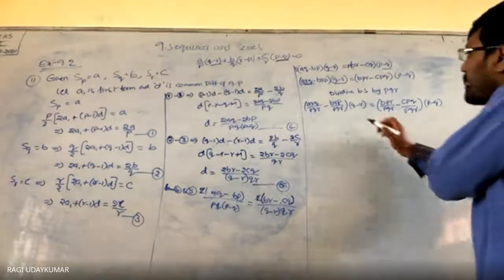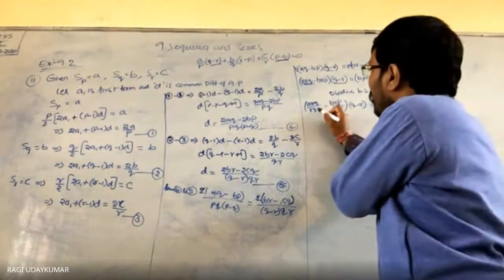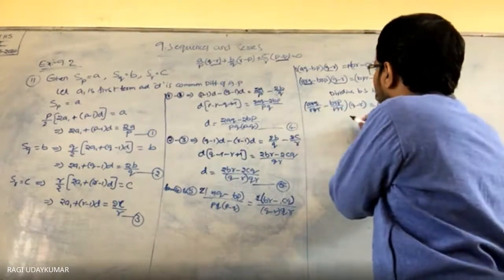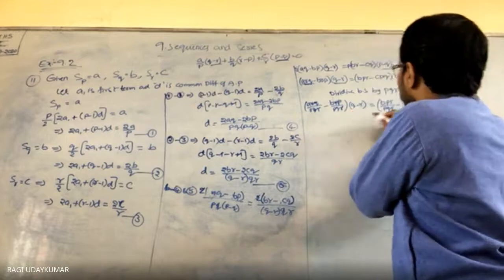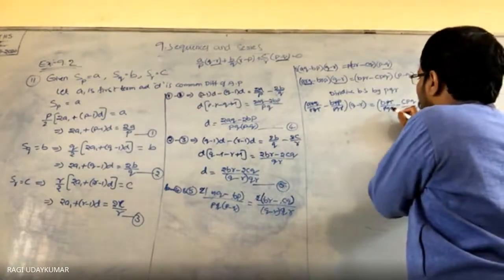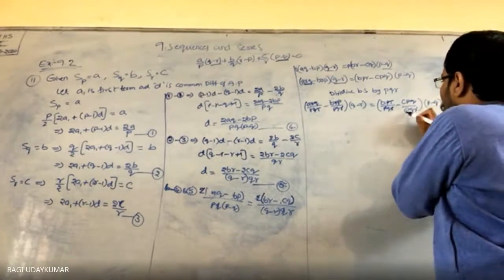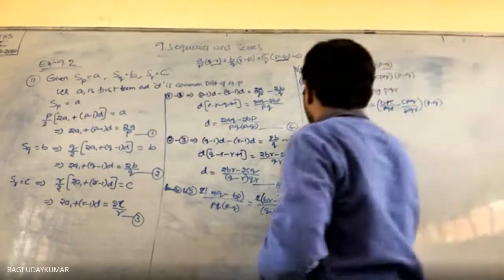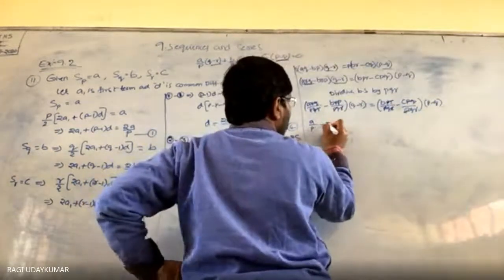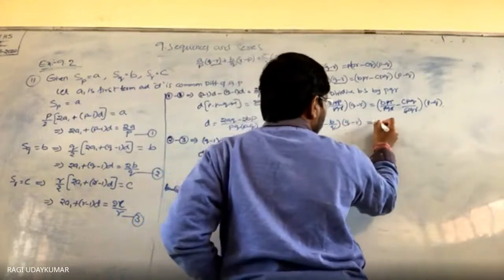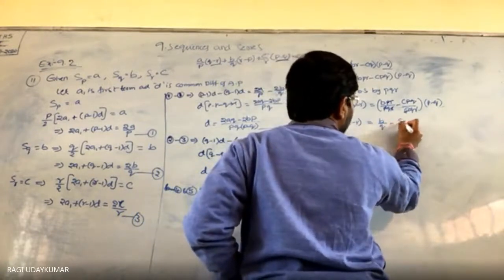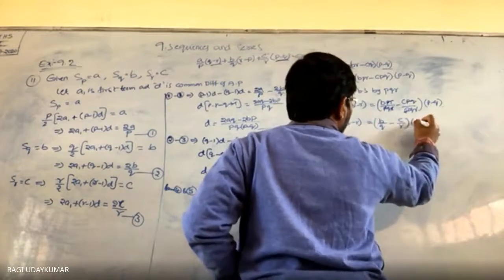So the problem is lengthy. Here qr will get cancelled, here rp will get cancelled, here pr will get cancelled, pq will get cancelled. So what is left over here? a by p minus b by q into q minus r, equal to b by q minus c by r into p minus q.